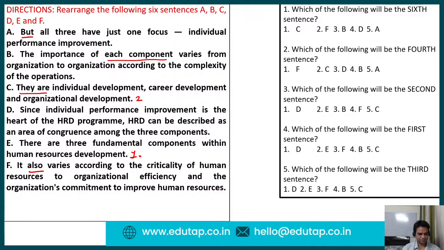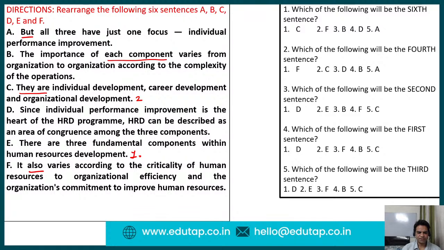ECB ADF, Sushmita. Very good, Sonali. Guys, okay, let's try to solve it.